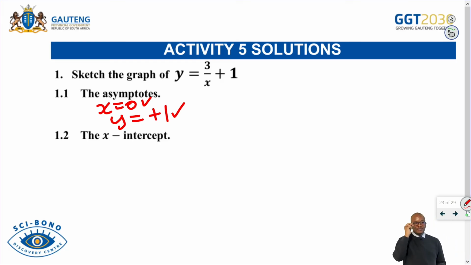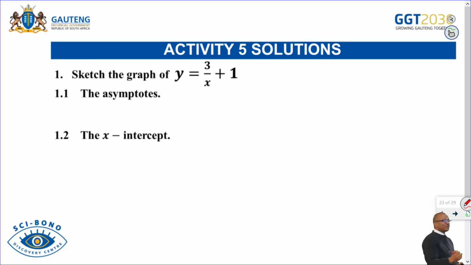So the important thing about the equation of the asymptote is that you have to write it in a form of equation. And in a form of equation, it's when x is equal to something or y is equal to something. If, for instance, you say, I want to determine the equation of the asymptote, and you're saying, oh, I know that is 0 and 1, you are going to get totally wrong. We don't know what is 0, we don't know what is 1.